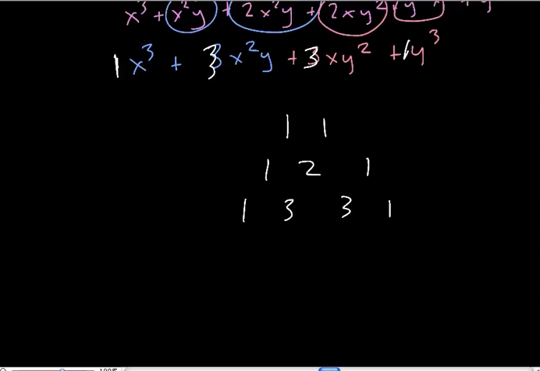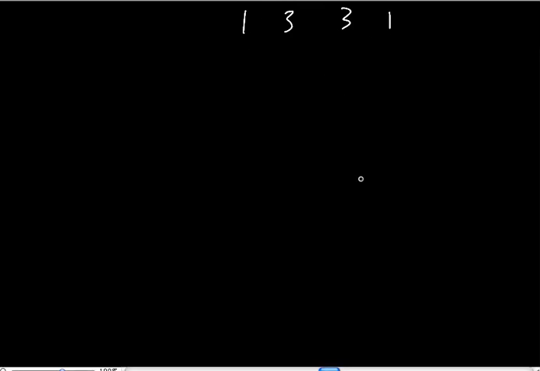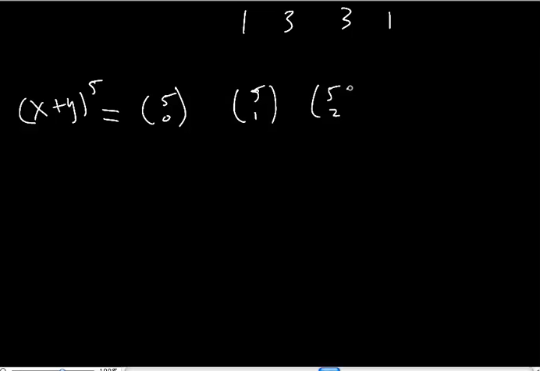Okay. So what I wanted to answer was, what is x plus y to the fifth? And if you need to, look at the combination videos. But the first thing we're going to write out is all the combinations of possible groups of 5. So I have 5 choose 0, 5 choose 1, 5 choose 2, 5 choose 3, 5 choose 4 and 5 choose 5.